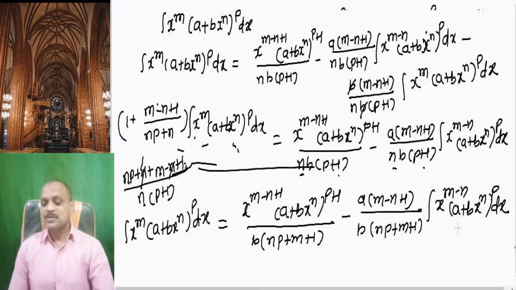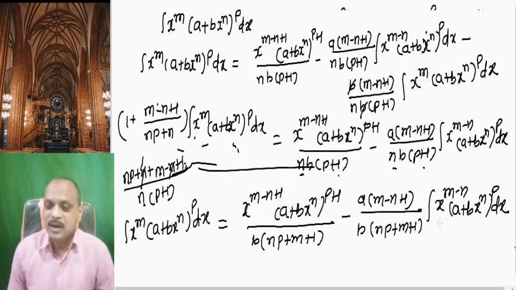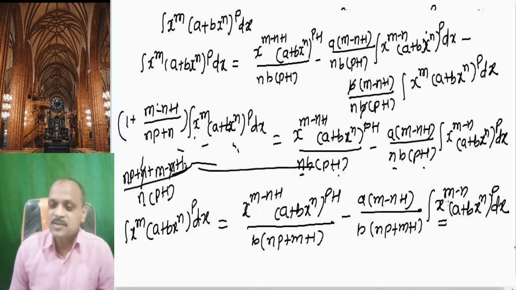Okay, so see what we have got here: the power of x raised to m is reduced by n, and therefore this is called a reduction formula for the integration.